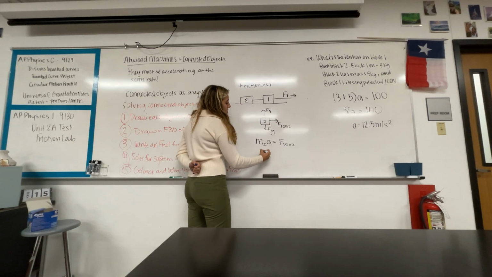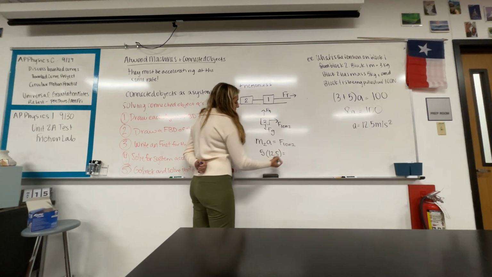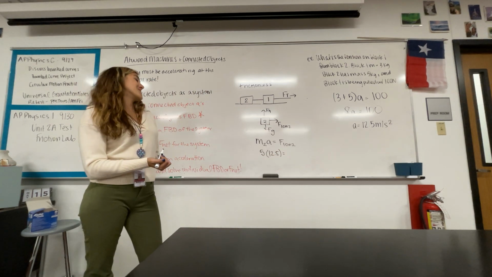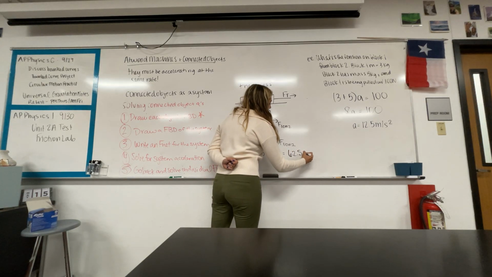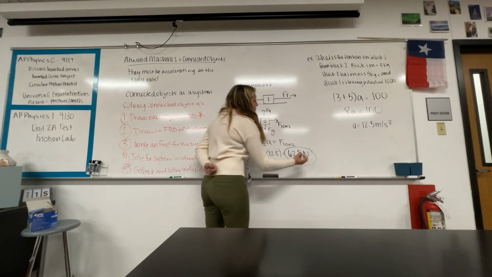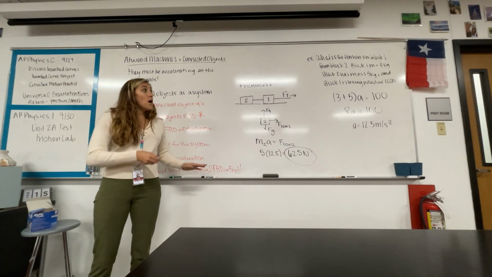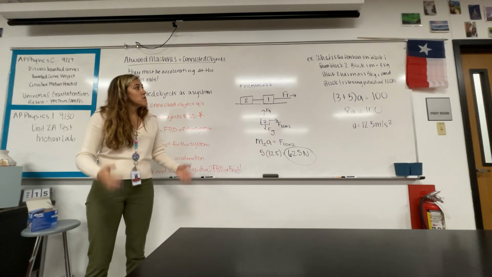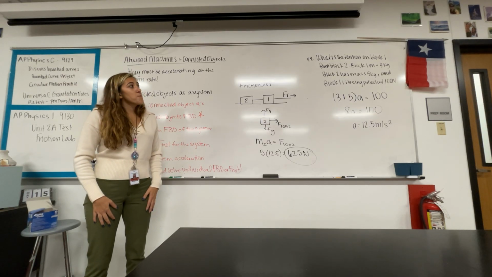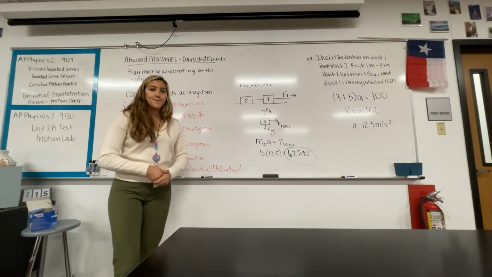Mass for block 2 is 5, acceleration is 12.5. So that's 62.5. I hope that's right. So that's the force of tension. Technically, this time it's of block 1 on block 2. But we were asked for block 1 from block 2, but that's an action-reaction pair, so they're the same force.